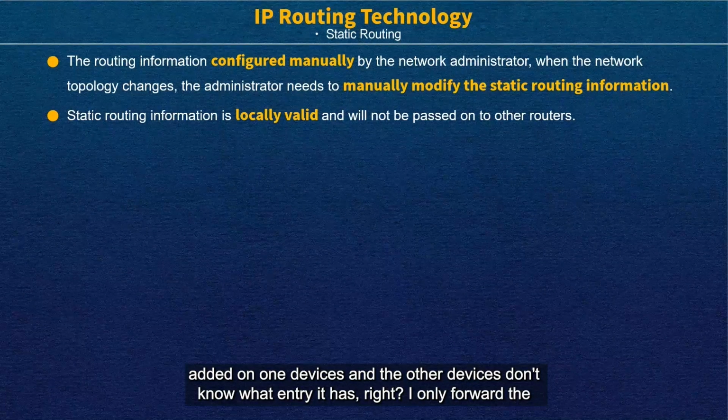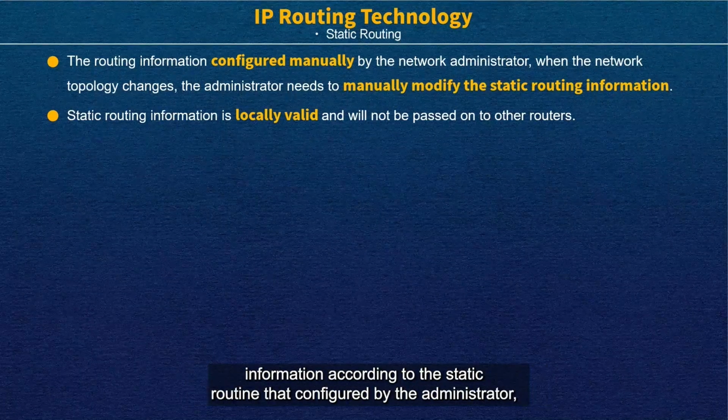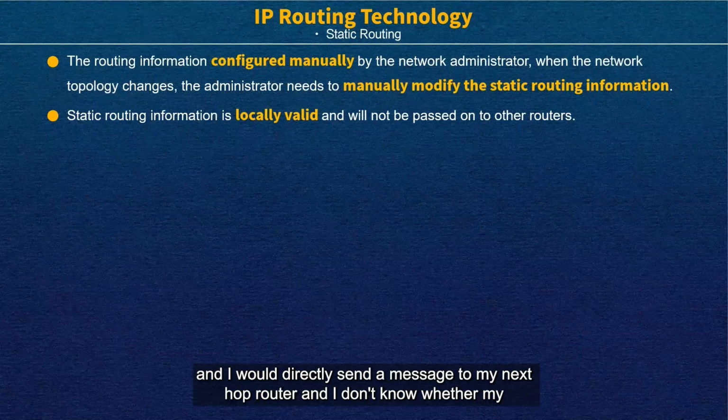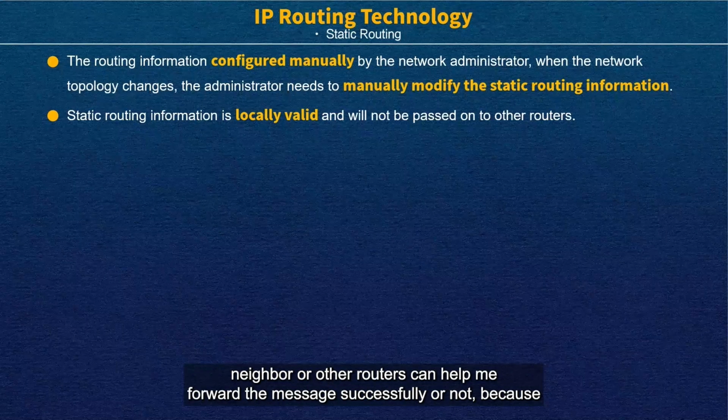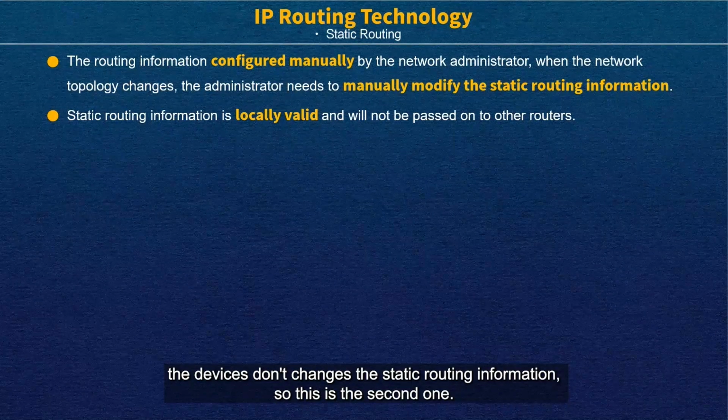I only forward the information according to the static routing configured by the administrator, and I will directly send the message to my next hop router, and I don't know whether my neighbor, or the other router, can forward the information successfully or not, because the devices don't exchange routing information between each other. So this is the second one.